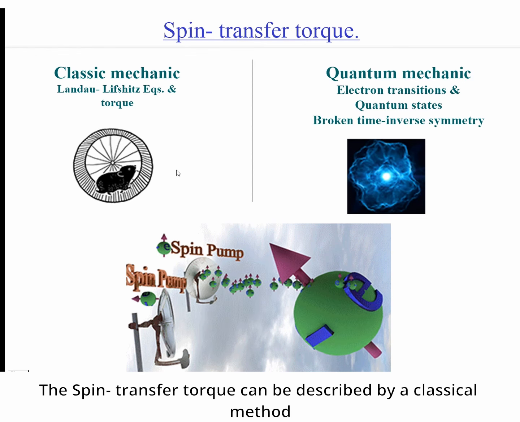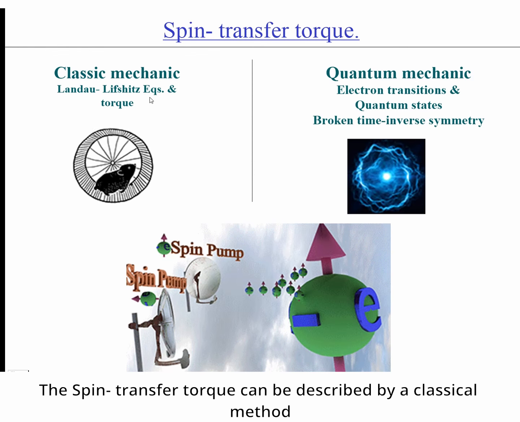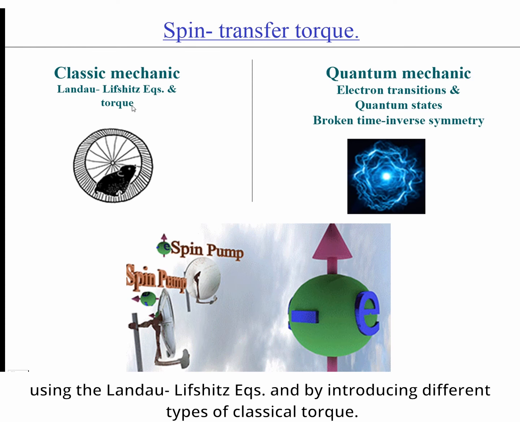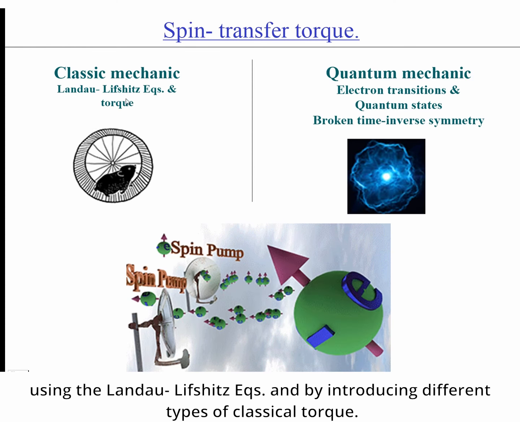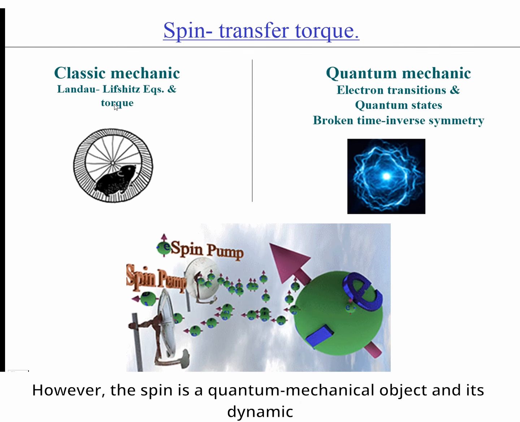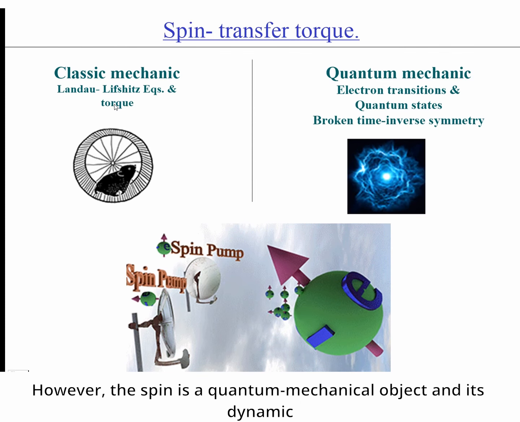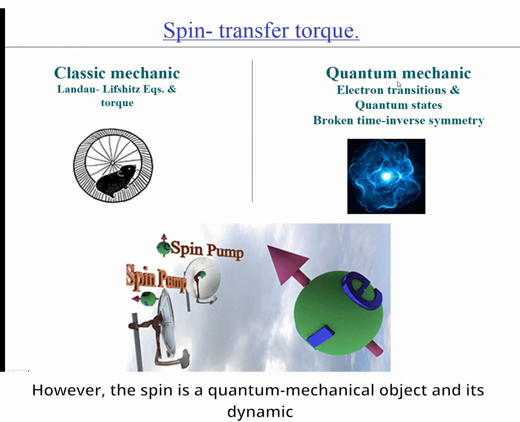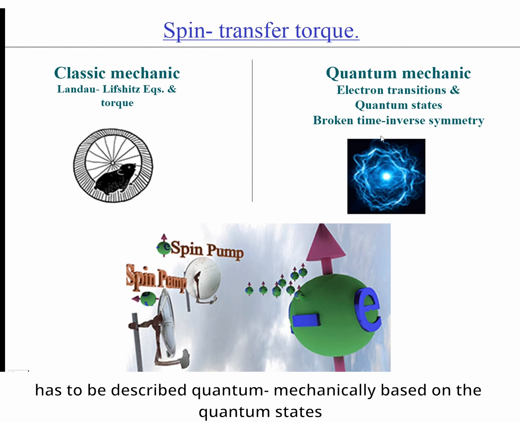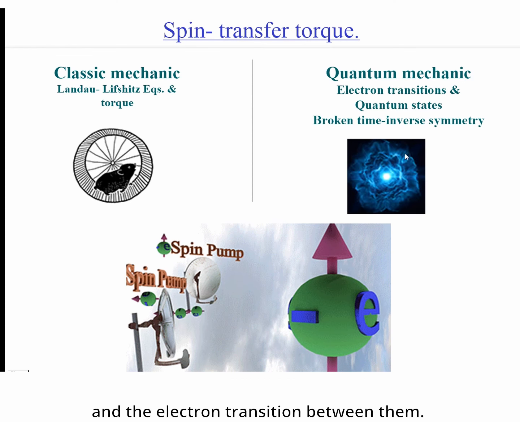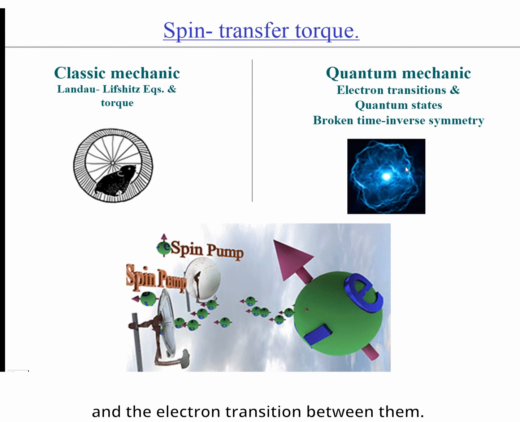The spin-transfer torque can be described by a classical method using the Landau-Lifshitz equations and different types of classical torque. However, the spin is a quantum mechanical object, and its dynamics has to be described quantum mechanically, based on quantum states and the electron transition between them.